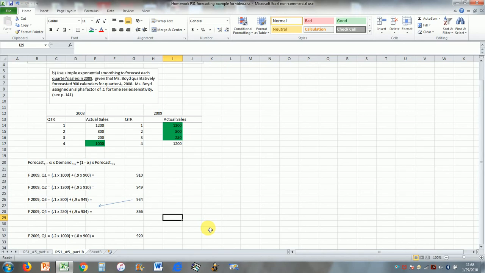Well, all you have to do is put in the alpha factor and do the same kind of equation. So here now it's 0.2 times the actual demand, but it's 0.8 times the previous forecast, which again, we're basically starting from scratch, only we're using a different alpha factor, and of course you got that from here.